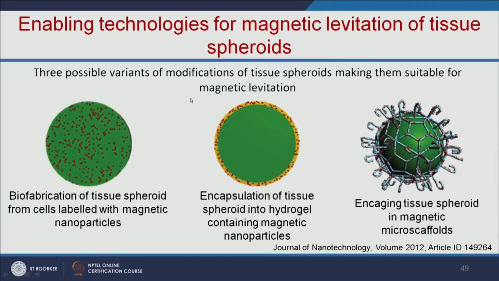And let us see how we can make some technologies for magnetic levitation of tissue spheroids. The first approach is to have the cells labeled with magnetic particles. The second approach is to have the tissue spheroid in a hydrogel containing magnetic nanoparticles. The third approach is encaging the tissue spheroid in magnetic microscaffolds.